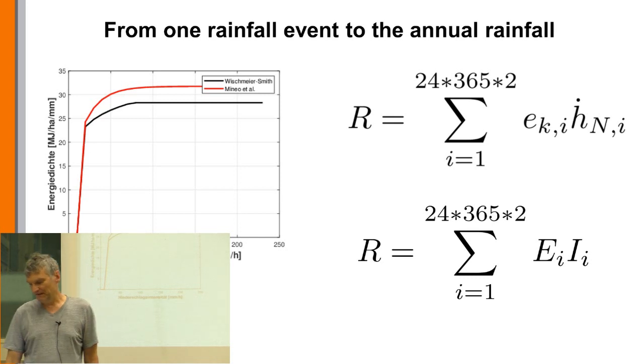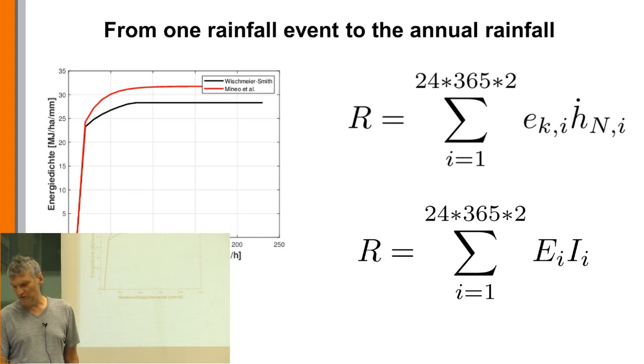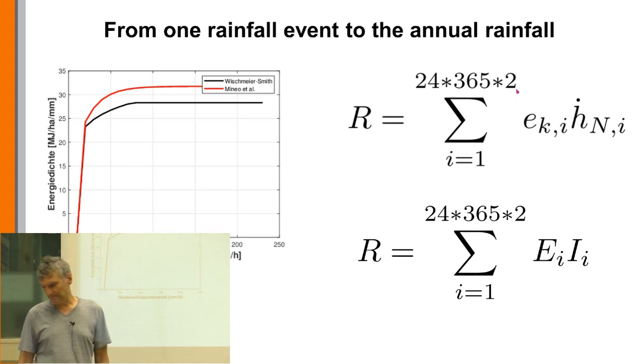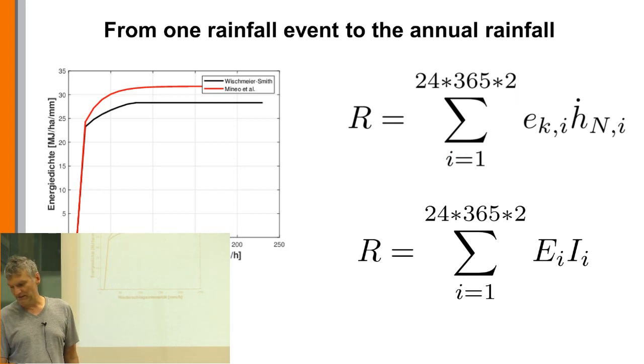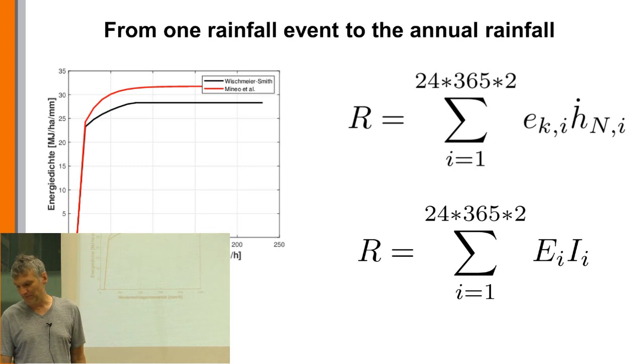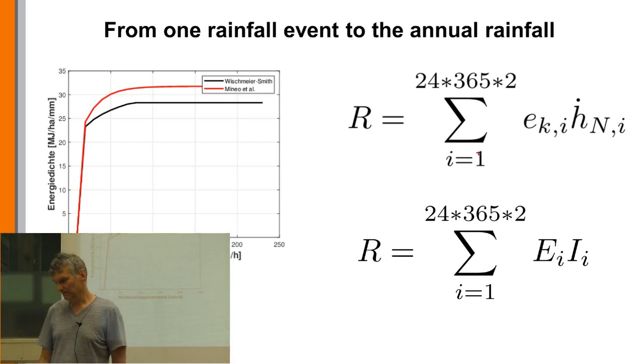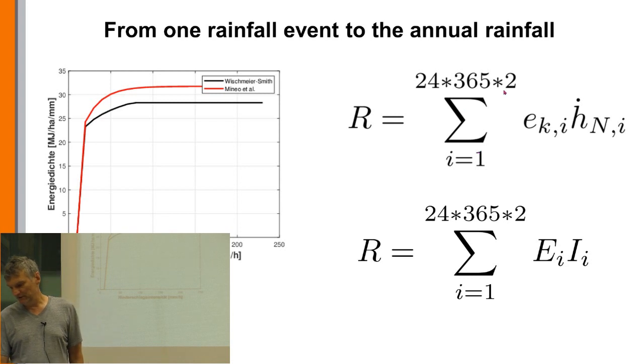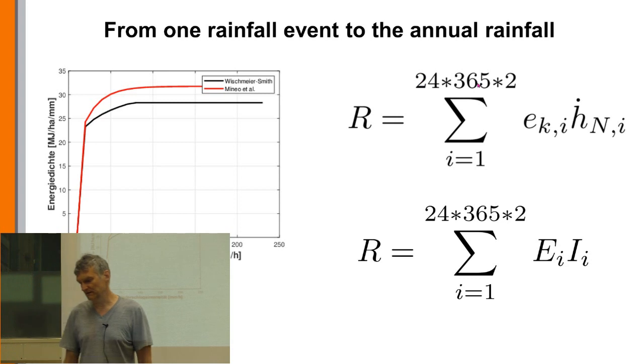This means that we have to take into account that 2 half-hours make 1 hour, 24 hours make 1 day, and 365 days make 1 year. So we have to sum up all these rainfall intensities over 1 year, within 2 half-hours, over 24 hours, over 365 days. So this is a large sum.